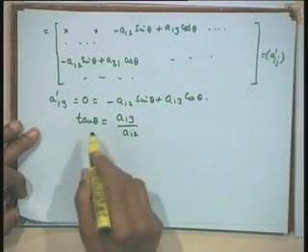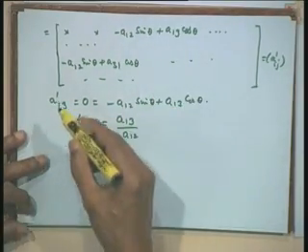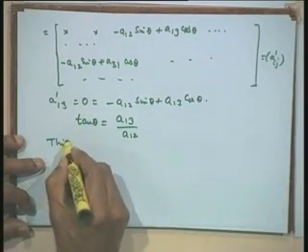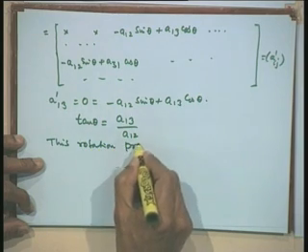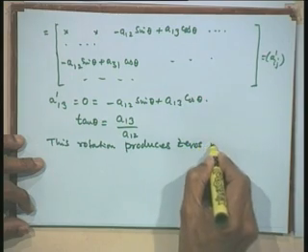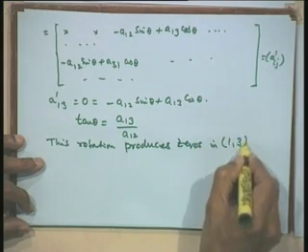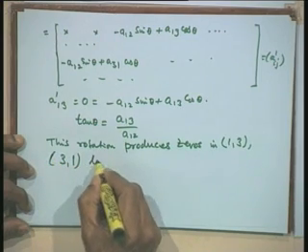This value of theta produces zeros in the locations 1 3 and 3 1. So, this rotation produces zeros in the 1 3 and 3 1 locations.